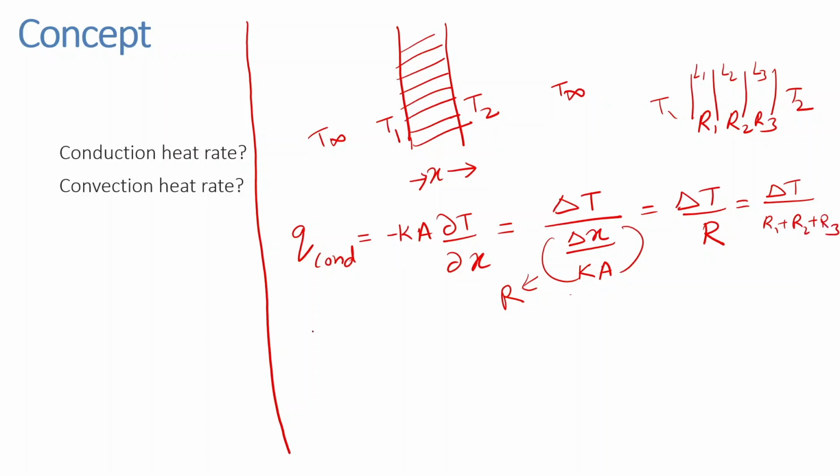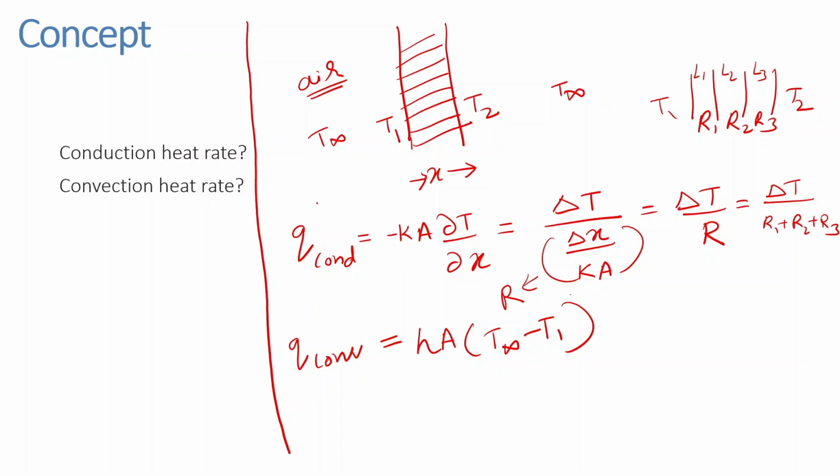Again, if I want to find Q convection, so here I was having my air. So the convection heat rate from the surface of the wall to air is given as Q is equal to h A times T infinity minus the surface temperature that we are considering.